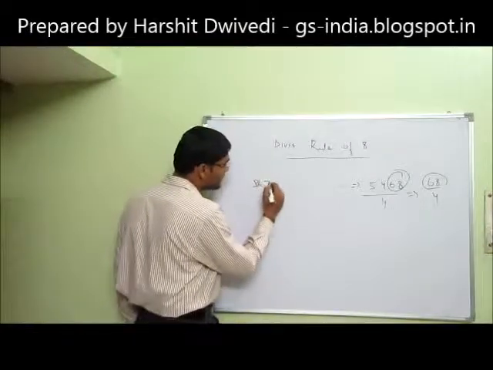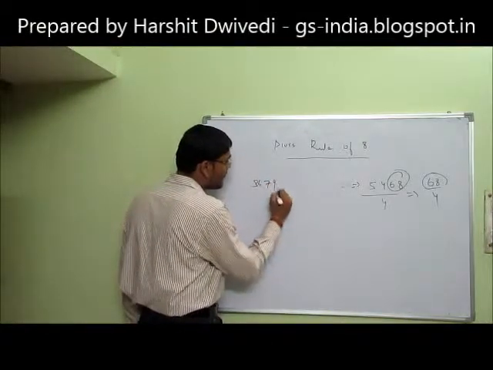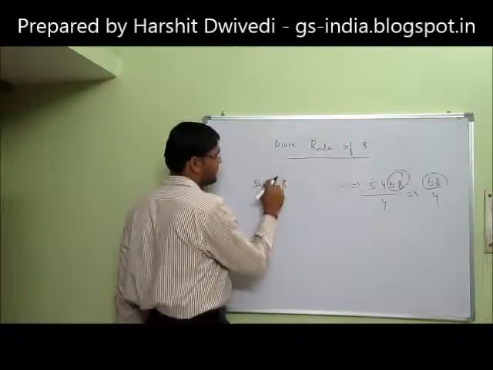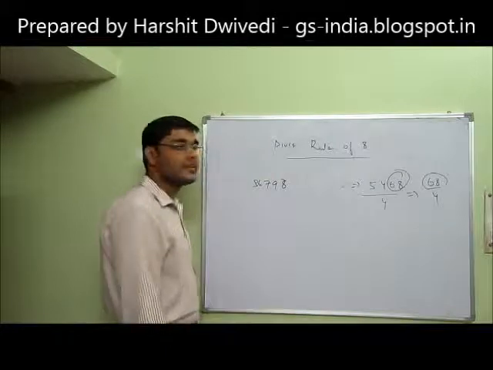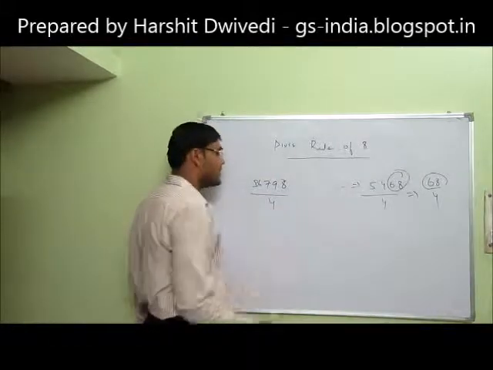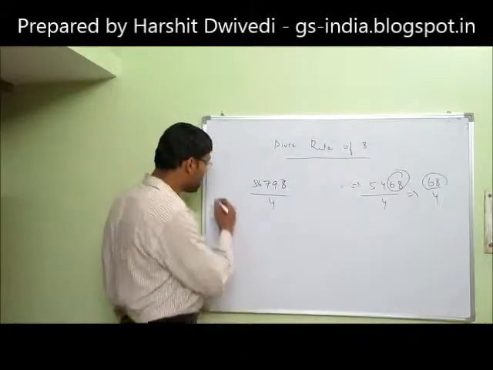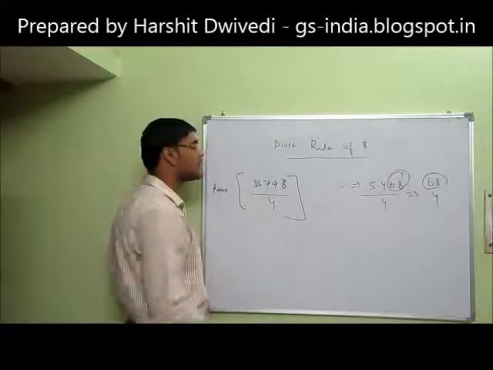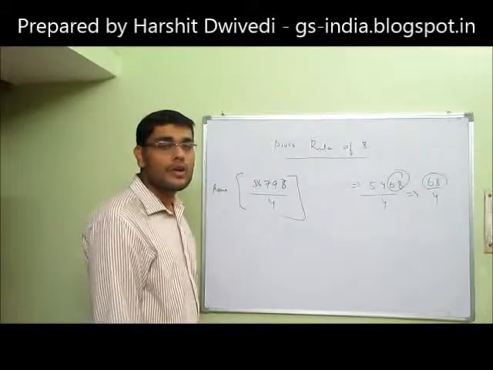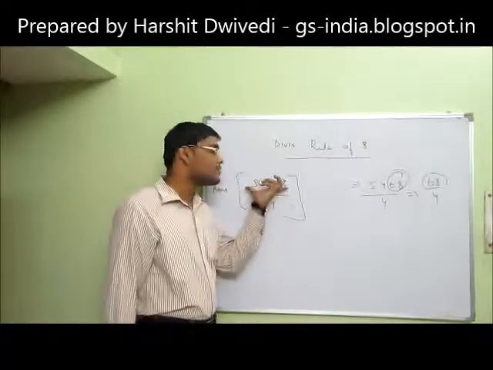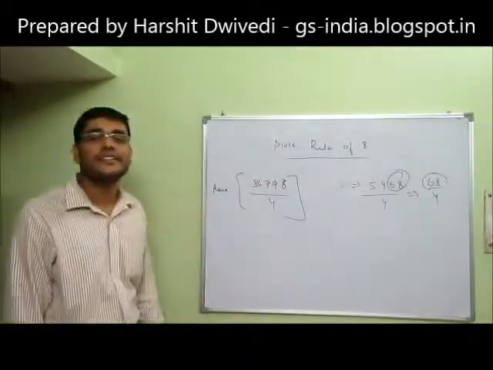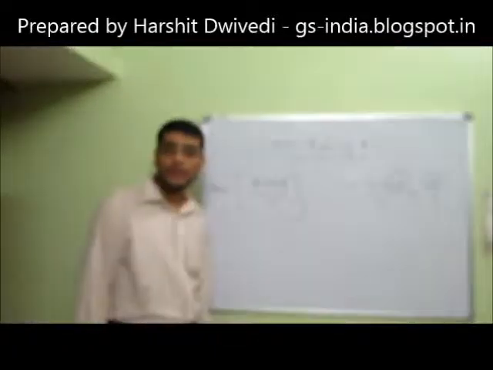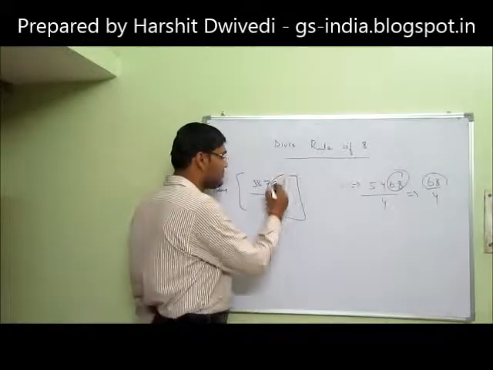And if this is a number 36798, a 5-digit number, and I need to find the remainder when 36,798 is divided by 4, I do not need to divide this whole number by 4. I just pick up the last two digits, that is 98.